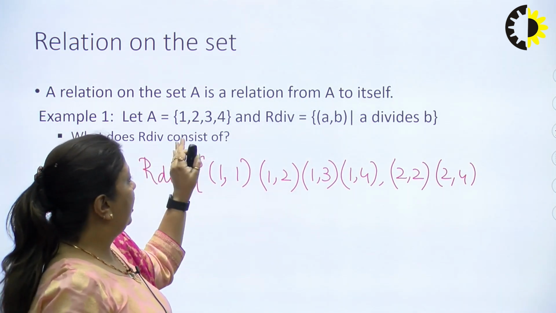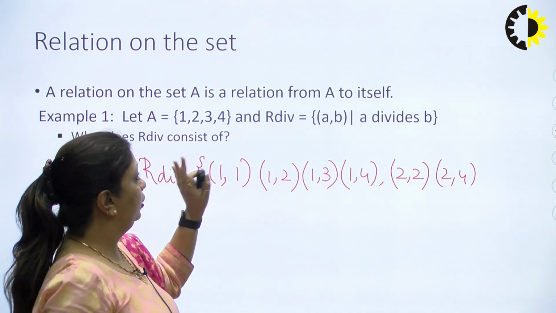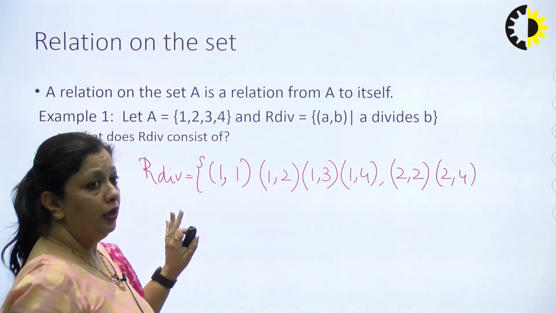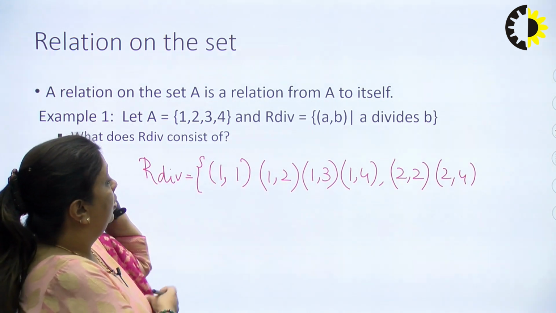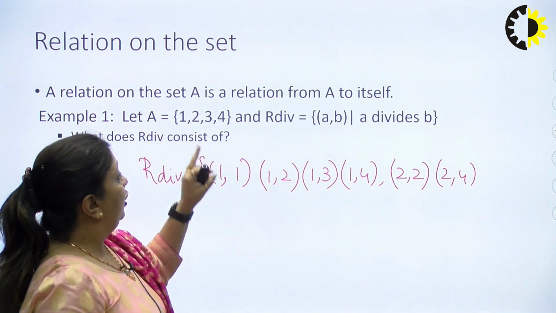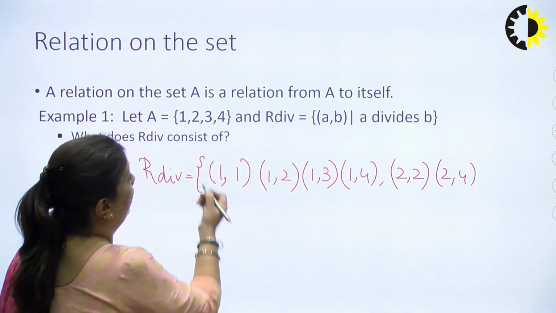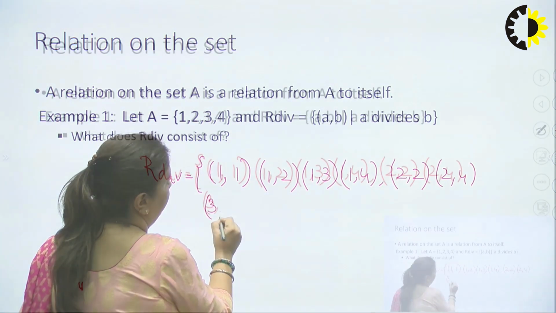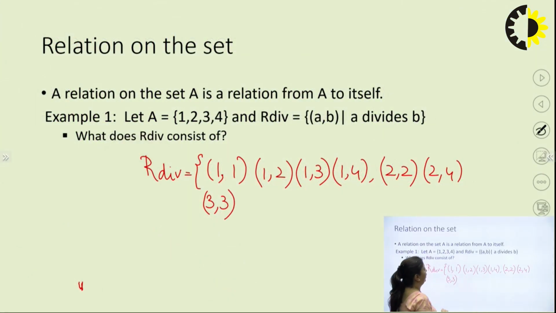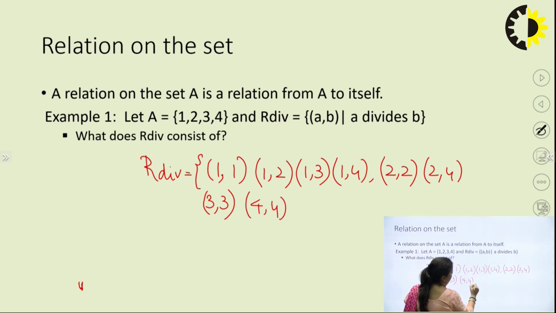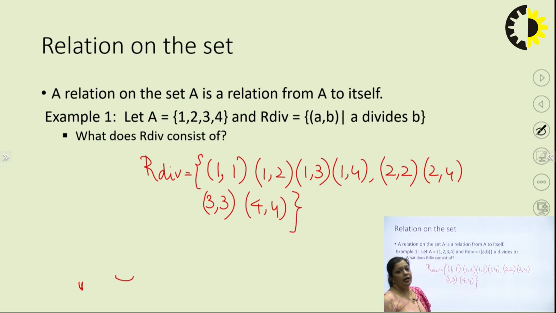So, neither 3 divides 2 nor 3 divides 4. So, nothing can be there where 3 is the first component, except (3, 3) because 3 divides 3. Same way, if I talk about 4, then we can have (4, 4). So this is the relation for a divides b.